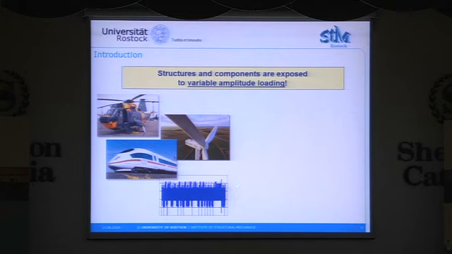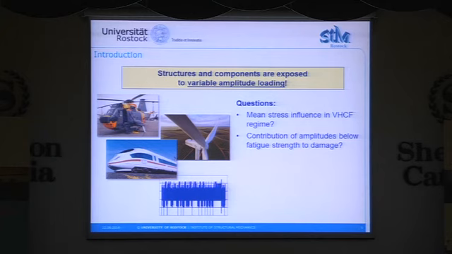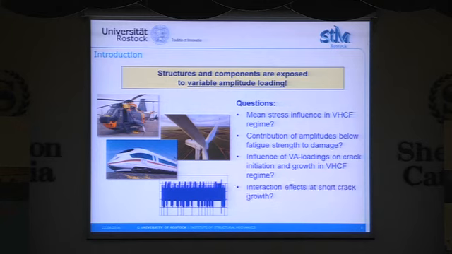So a lot of questions arise in this subject. What is the mean stress influence in the very high cycle fatigue regime? Do amplitudes below the fatigue strength contribute to the damage? Is there an influence of variable amplitude loading on the crack initiation, and possibly on the crack initiation site and the crack growth in the very high cycle fatigue regime?